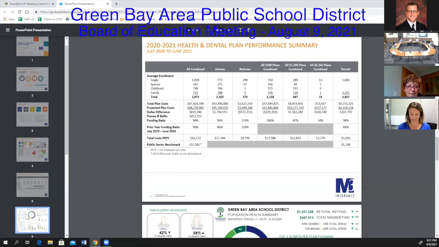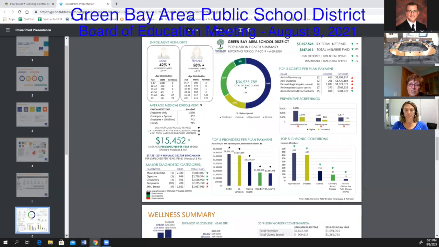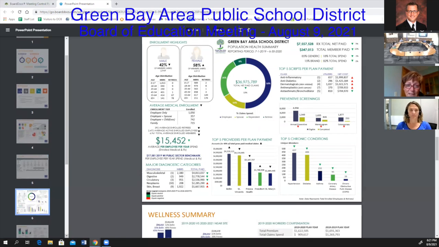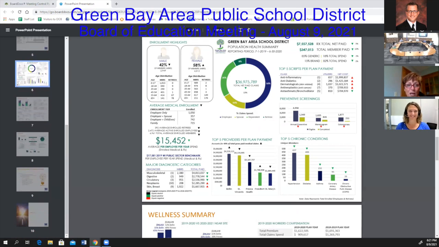The next slide is a dashboard, which is very busy. We recognize it's very busy. We're trying to give you an at-a-glance look at what is happening in the health plan. This data set is actually from July 1 of 2019 through June 30 of 2020, and it is in comparison to the data from 2018 through 2019.